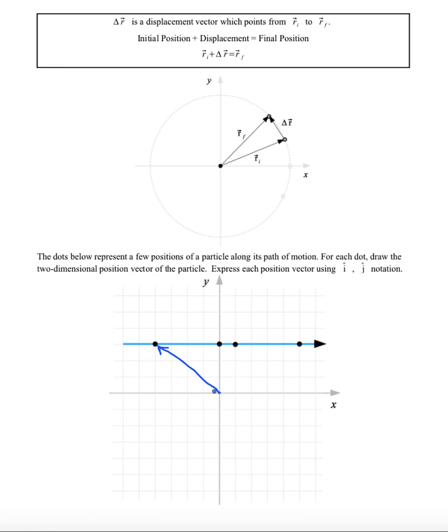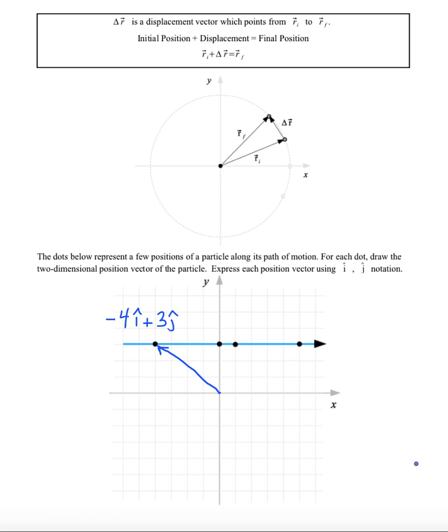Since the vector goes to the left 4 and up 3, we'll call it negative 4i plus 3j. The x component gets associated with i, and the y component, the vertical, gets associated with j.